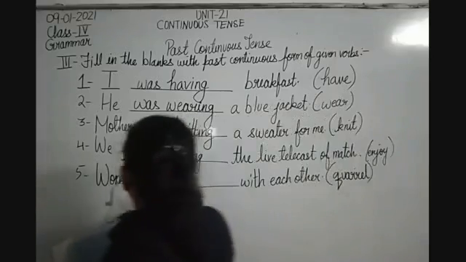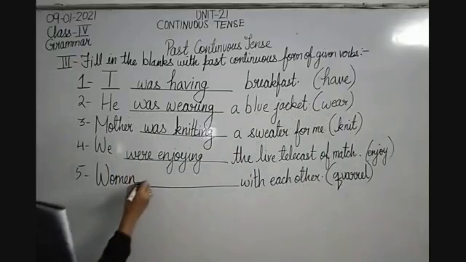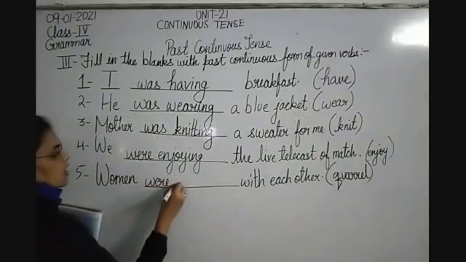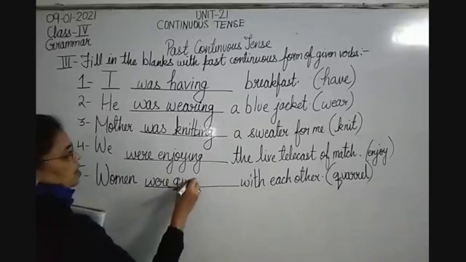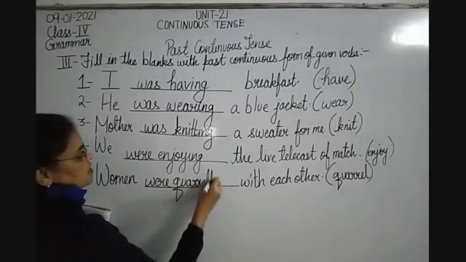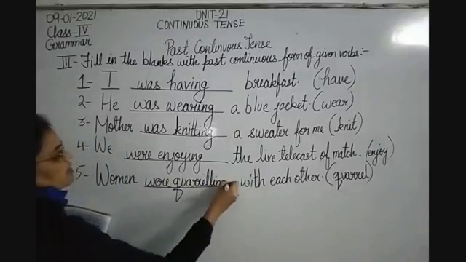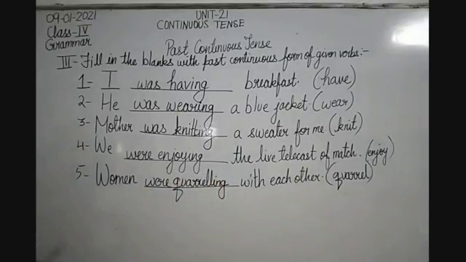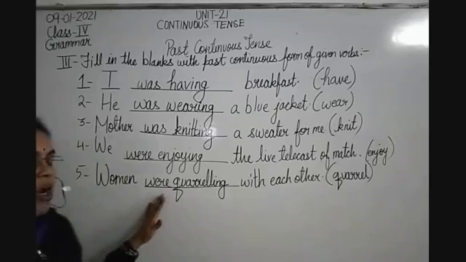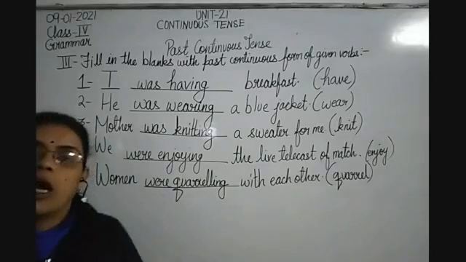Fine. So women plural है, तो हम कौन सा helping word use करेंगे? were, and quarrel में last में एक l और add करके ing लगा देंगे. So women were quarreling with each other.